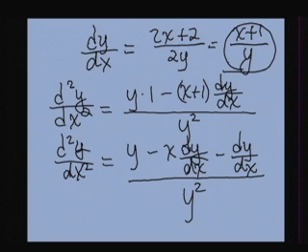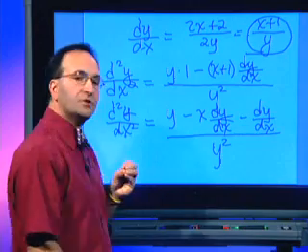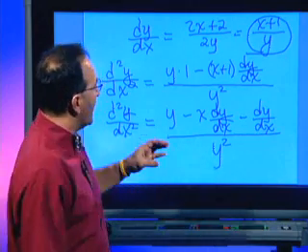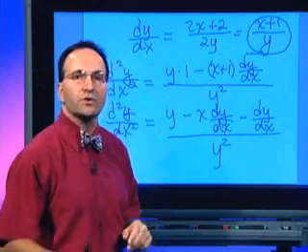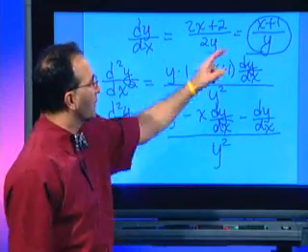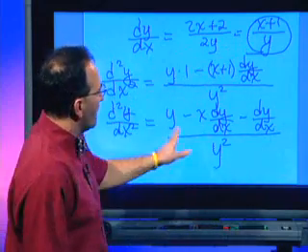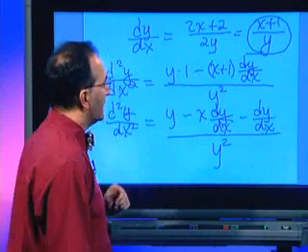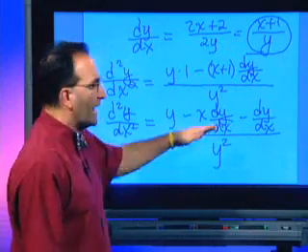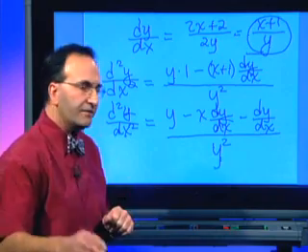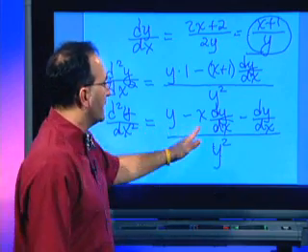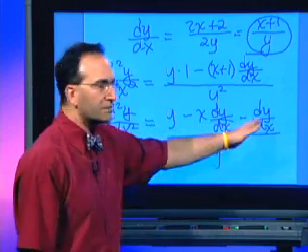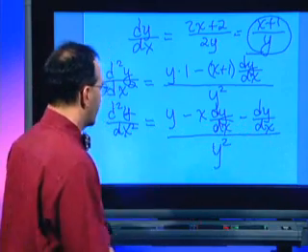What we want to do is make a substitution here where we can go back to the fact that dy/dx is equal to x plus 1 over y. And we'll make that substitution inside here, and then we'll be able to simplify it even further. So we need to remember that we have y minus x times dy/dx minus dy/dx over y squared.